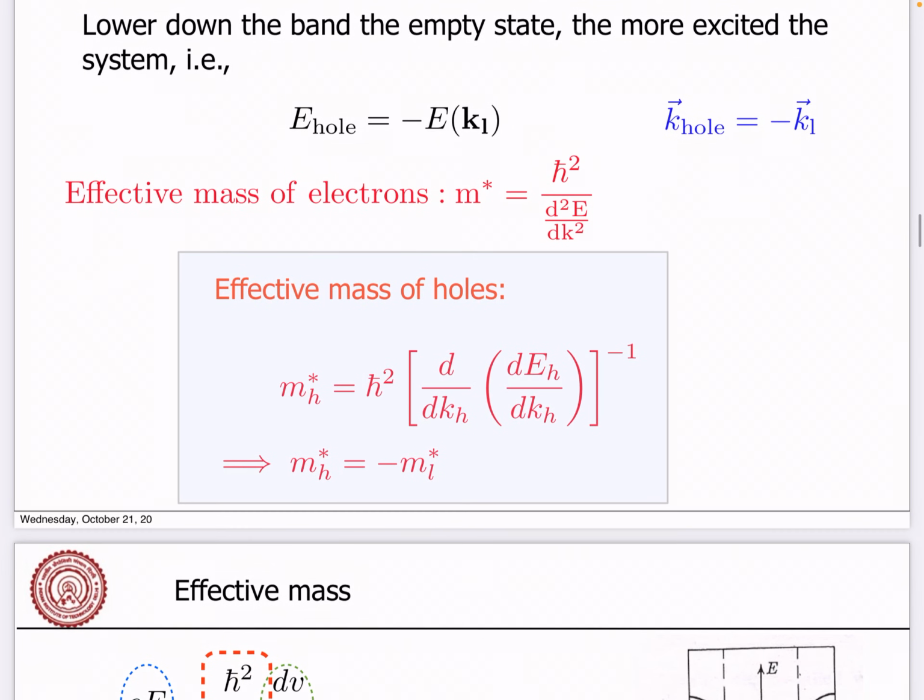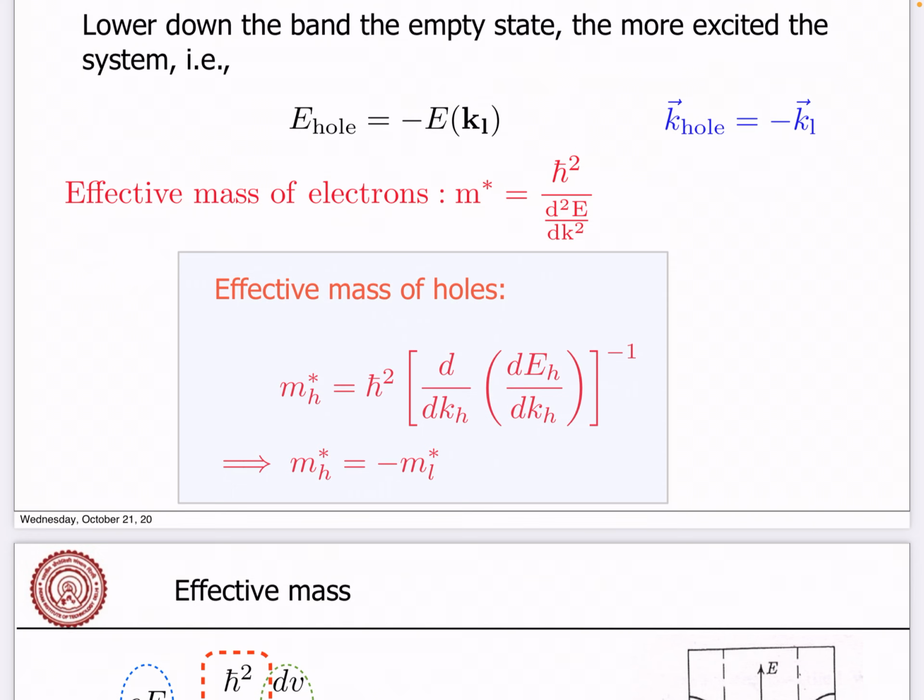So therefore this is minus of the effective mass of the lth electron. So what we are finding is that the effective mass of the hole is equal to the negative of the effective mass of the lth electron, which is the electron that has been removed from the band, creating the vacant state, the hole state.